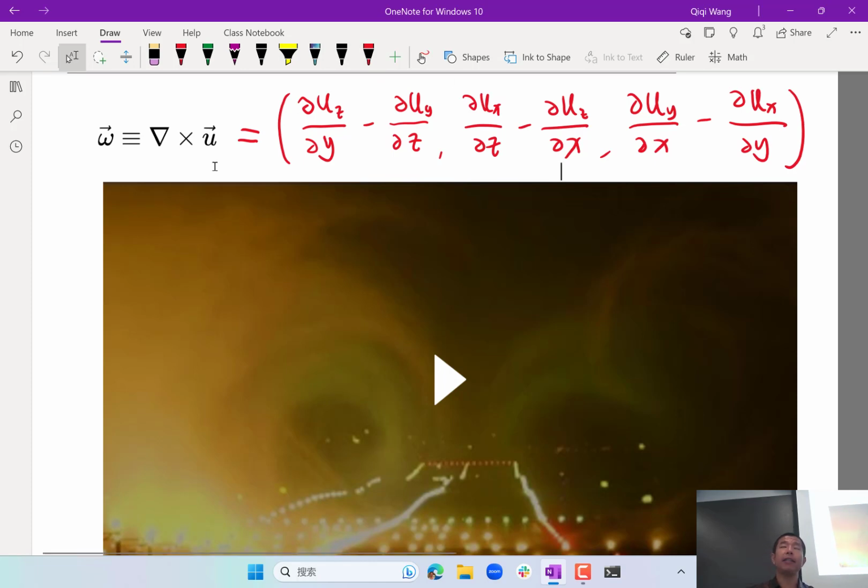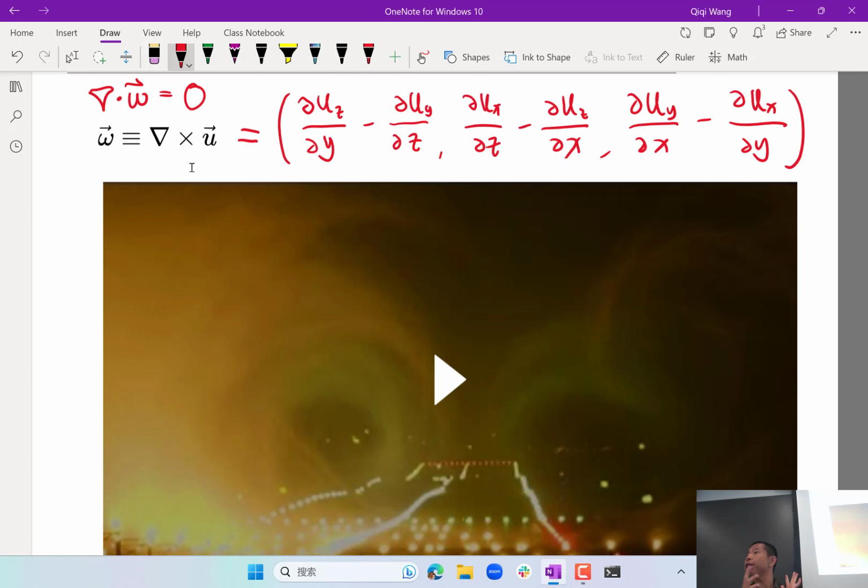This is purely a kinematic relation, meaning that no matter what kind of flow field we are in, vorticity has zero divergence. So the divergence of vorticity has to be equal to zero.